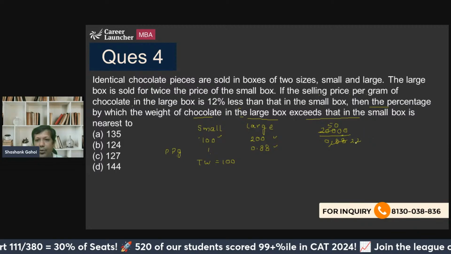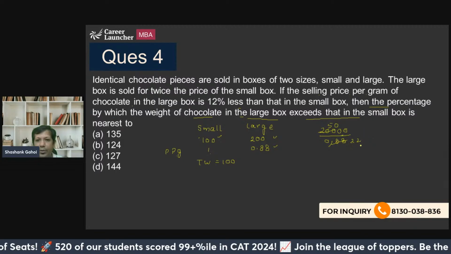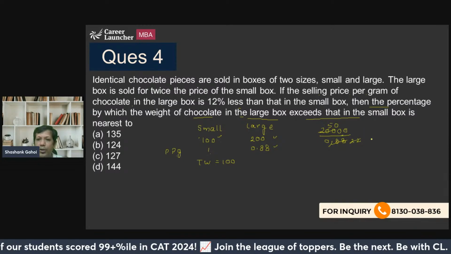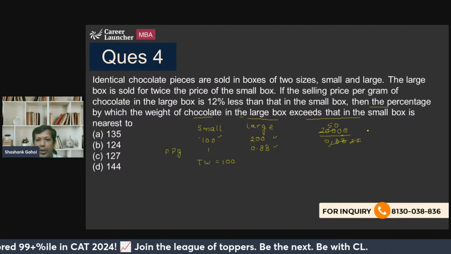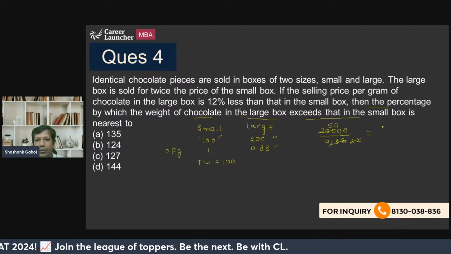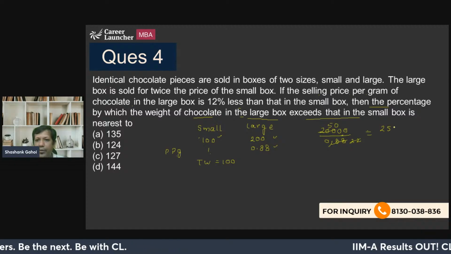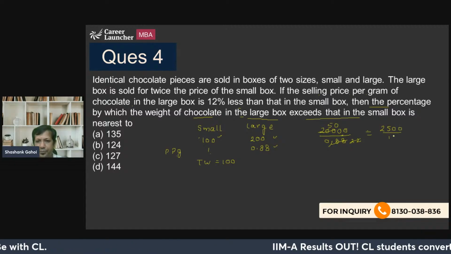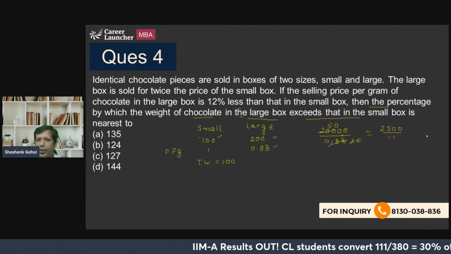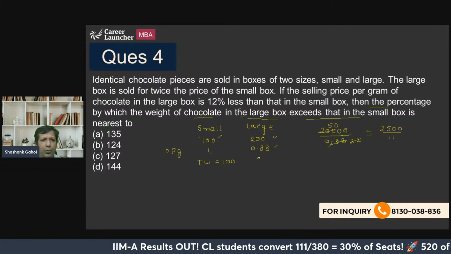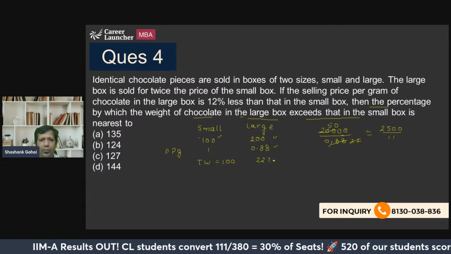So now I'm going to cancel it by 2, so that is going to be 2500 divided by 11. So this value comes out to be, 200 divided by 11 is going to be close to 227 around, point something.